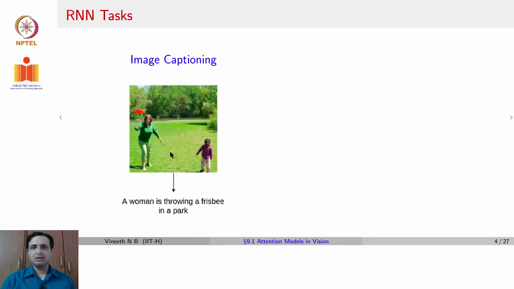Let's consider a couple of popular tasks where RNNs may be useful. One is the task of image captioning. Given an image, one has to generate a sequence of words to make a caption that describes the activity or the scene in the image.